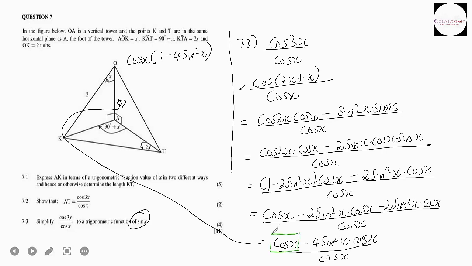If we factor out the cos x here, we are only left with 1. But if we factor out the cos x from here, we are left with this 4 sine squared x. But then this needs to be over what? The cos x. So this is what I've been trying to do. So cancel out, cancel out. So now I'm left with what? 1 minus 4 sine squared x.